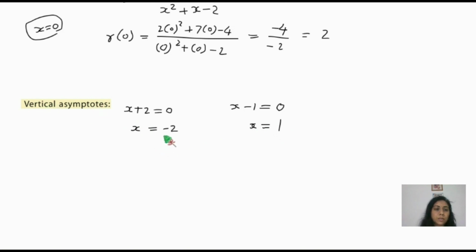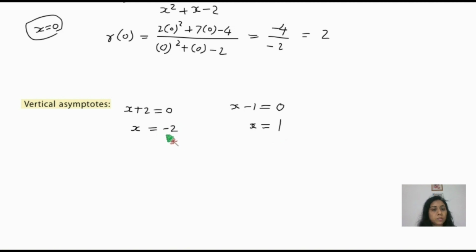Okay, now we will check which type of behavior the graph has, whether y tends to plus infinity or minus infinity near the vertical asymptotes. So we approach −2 from the left side and right side, and approach 1 from the left side and right side. We can take some values here and find out.